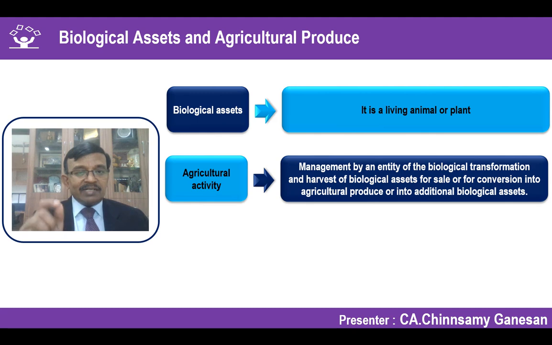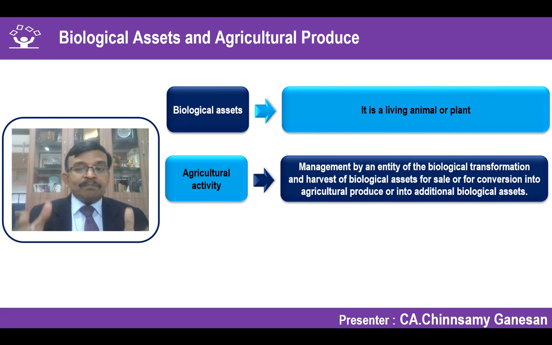Whether that is covered as a biological asset, because it says anything relating to agricultural activity should be covered, and agricultural activity has been defined as management by an entity of a biological transformation. The biological transformation should be managed by the entity. If it is not managed by the entity, then it is not covered under this particular standard. So accordingly, forest trees are not covered, right, which are growing on their own.